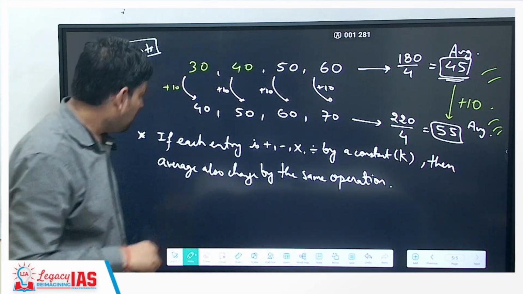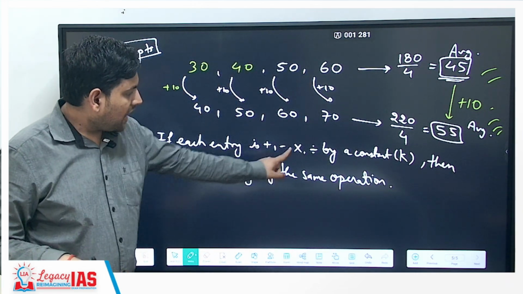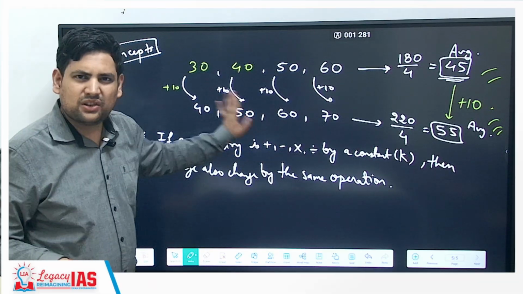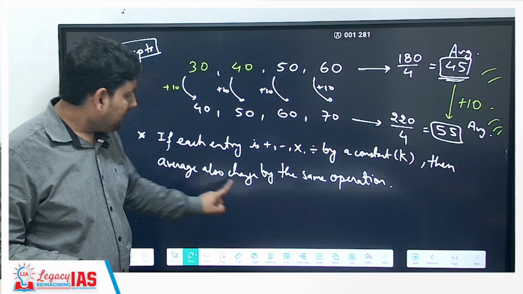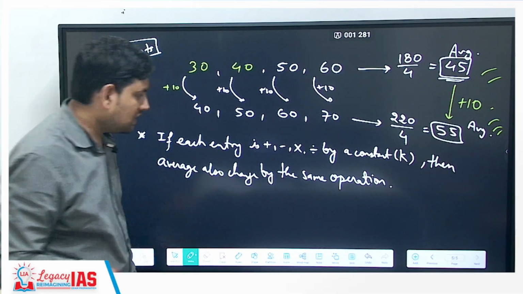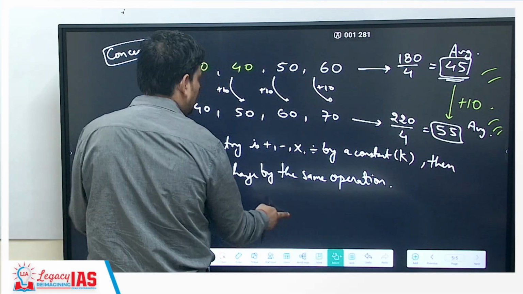So if you add, subtract, multiply, divide, similarly for multiplication or division with a constant k, the average will also change by the same operations. That is, see this.